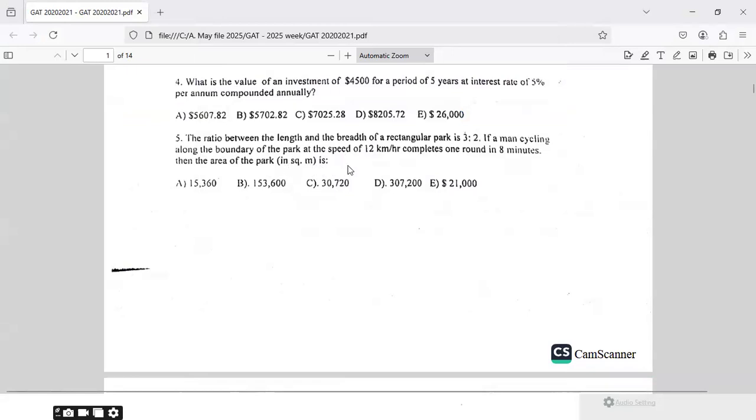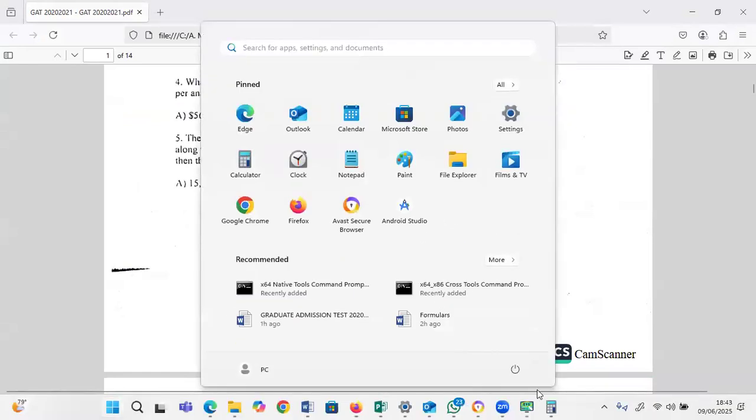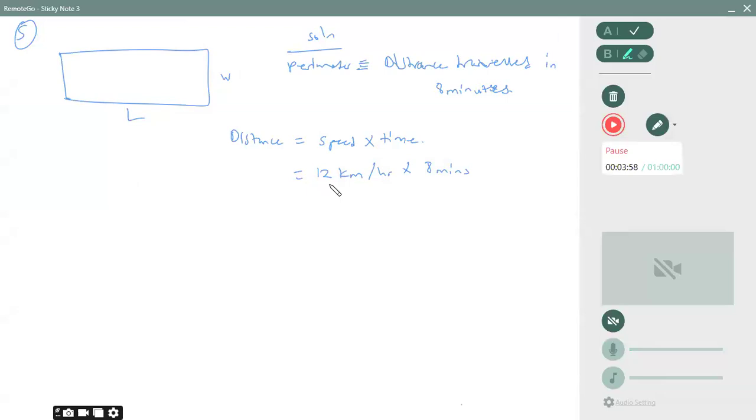Or else we can leave it and change it later, but it's better we change it immediately to meters so that we move smoothly. So when we change these kilometers, it will now become 12,000 per hour. And we want to change the hour into minutes, so it will be 12,000 over 60 minutes.